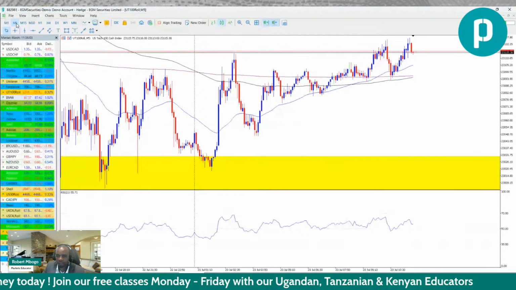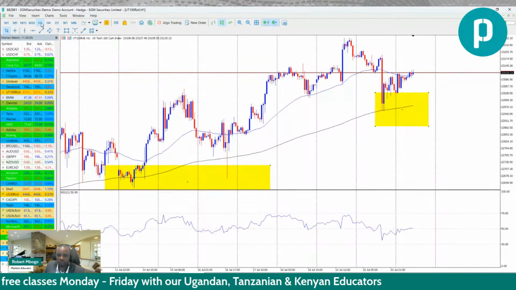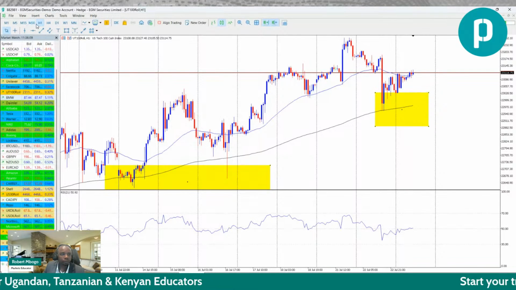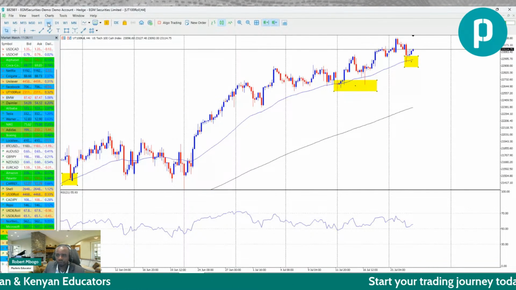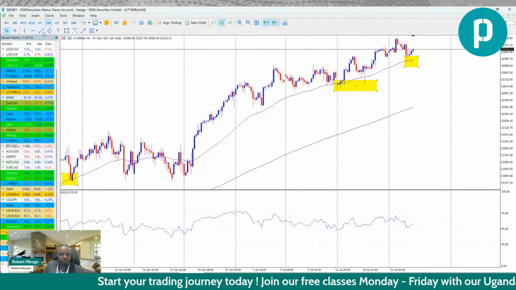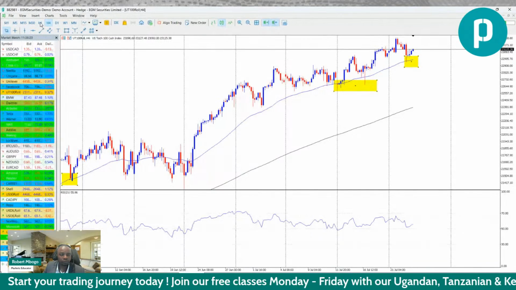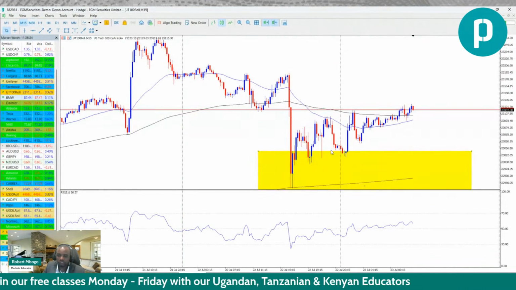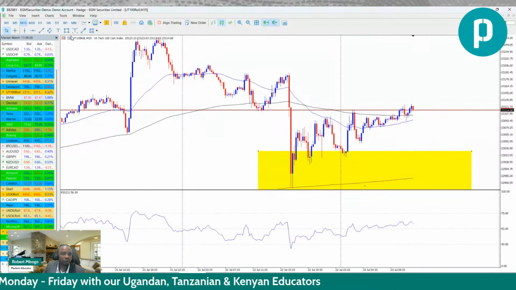So what are we looking at? Let me see higher time frames. Okay, H1. H4. I'd probably want to see UT100 come back down to test this area before taking on a bullish move.